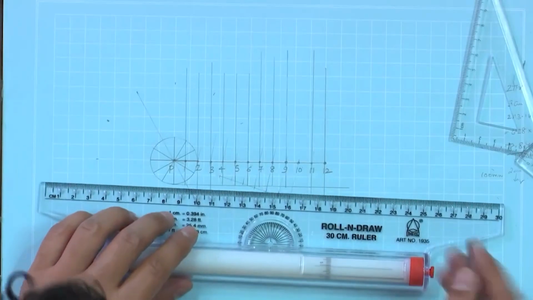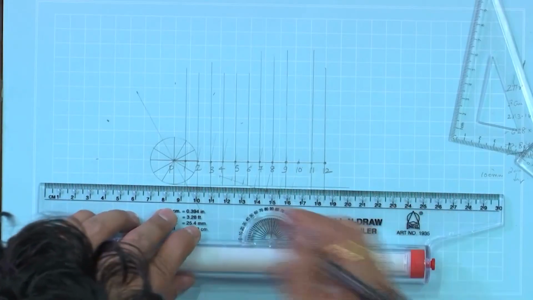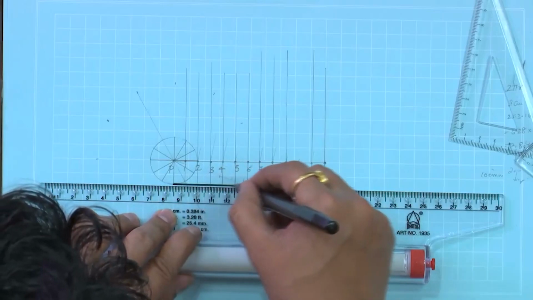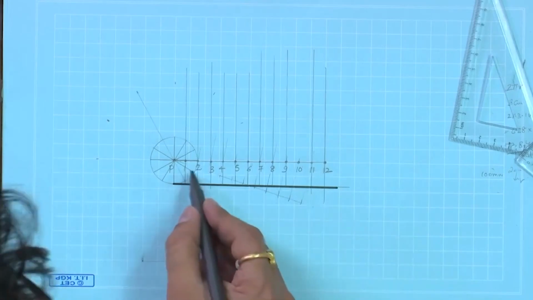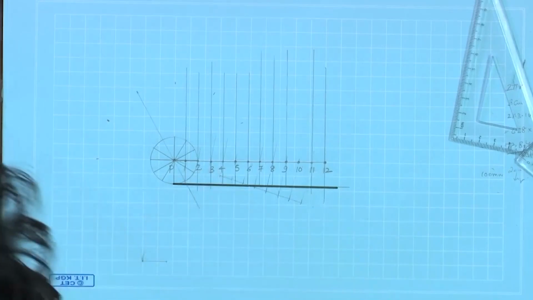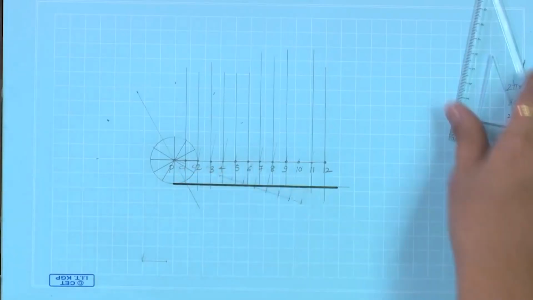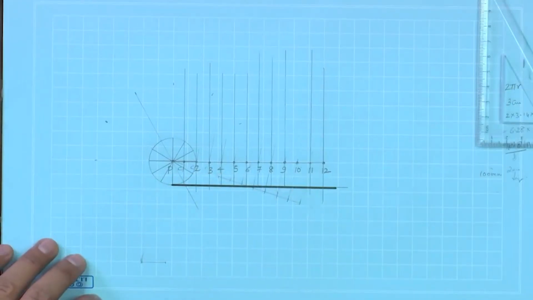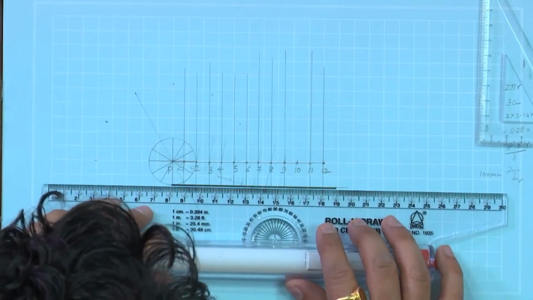Let us darken the base. This is the base on which our circle is rolling. These are the center lines. So, C1, C2, C3 and so on, and draw horizontal lines going through these points.